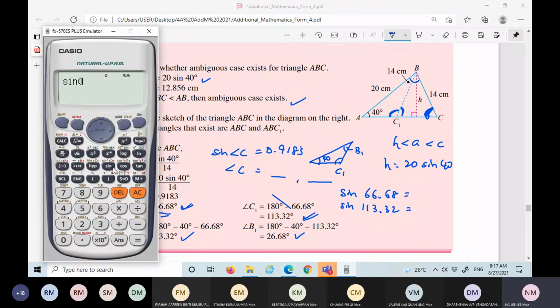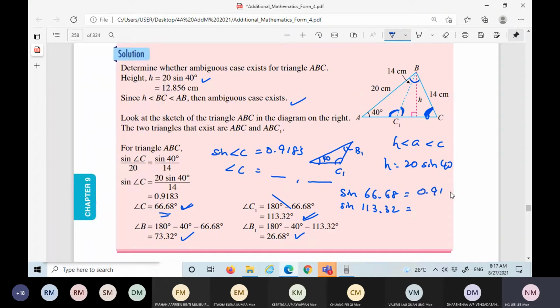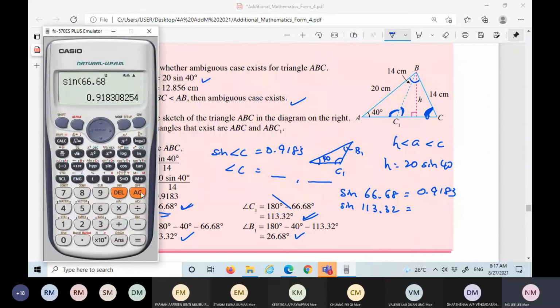So sine 66.68, you see, 0.9183, no doubt. How about sine 113.32?